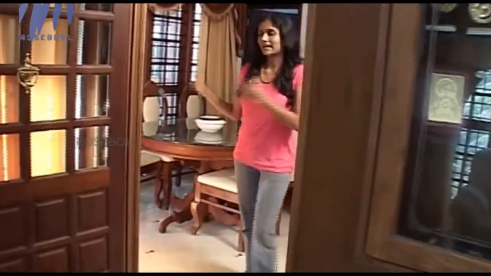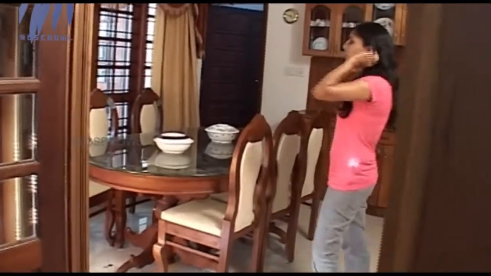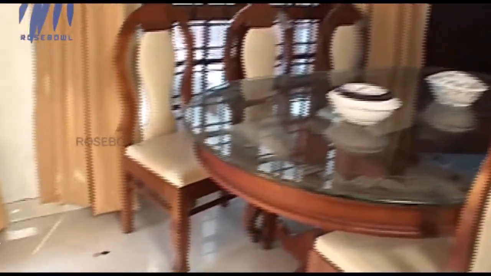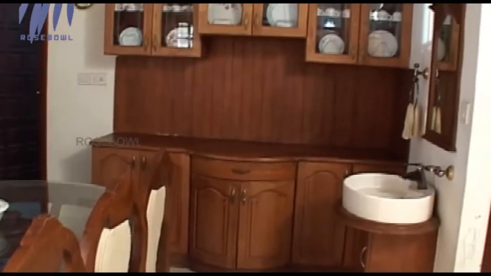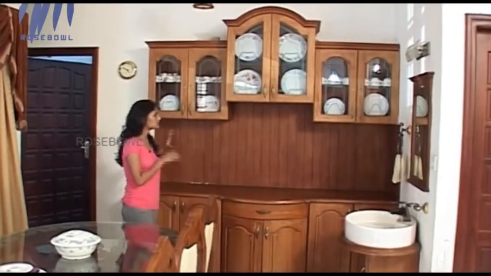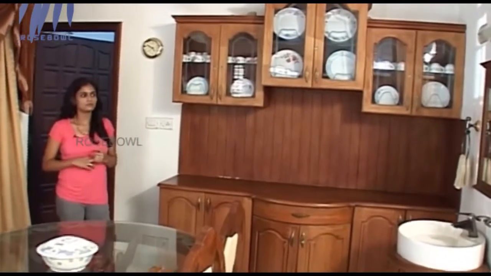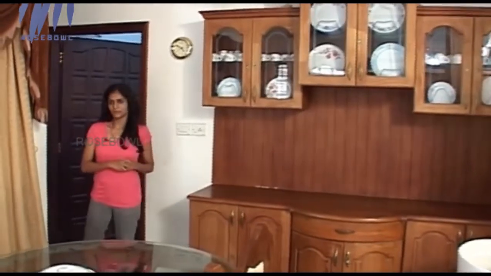Now we have come to the dining area. The dining area also has another entrance from this side. The flooring of this area has been done in tiles. There's this nice crockery shelf opposite the dining area. Now there are 2 bedrooms on this floor. We'll go have a look at the master bedroom.